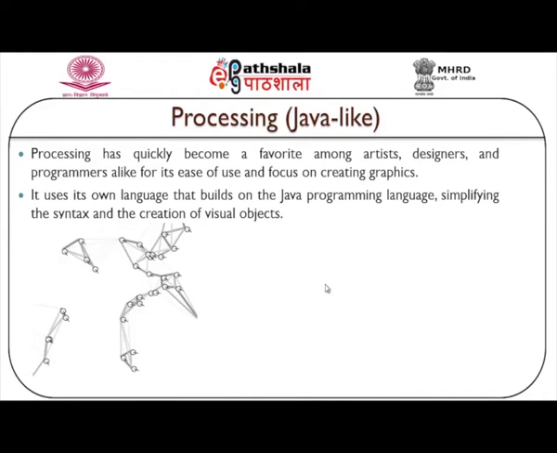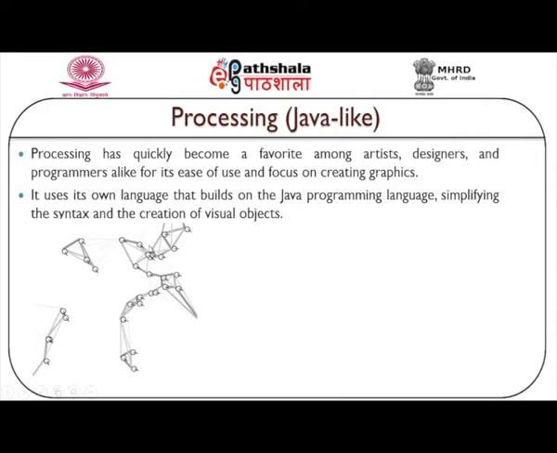Processing, Java-like. Processing is another toolkit which has quickly become a favorite among artists, designers and programmers, alike for its ease of use and focus on creating graphics. It uses its own language that builds on the Java programming language, simplifying the syntax and creation of visual objects.